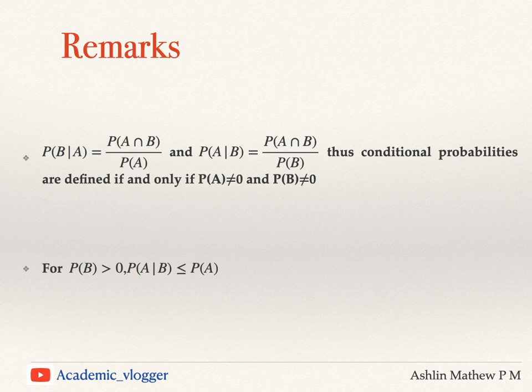So the total sample space has reduced to the set B. There is a condition or a restriction, and the unrestricted probability of A will be a larger value, or sometimes equal to it. So if probability of B is greater than 0, that is, the conditional probability exists, then probability of A given B is less than or equal to probability of A.